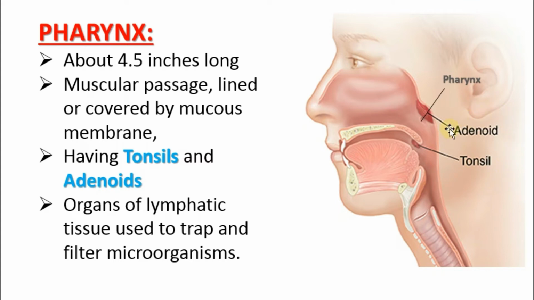These are lymphatic organs whose function is to trap dust particles or bacteria or viruses which move from the nose and pass to the trachea. These organs trap dust particles or pathogens like bacteria, viruses, etc., and kill them. These are very important organs in the respiratory system to clean the inhaled air.